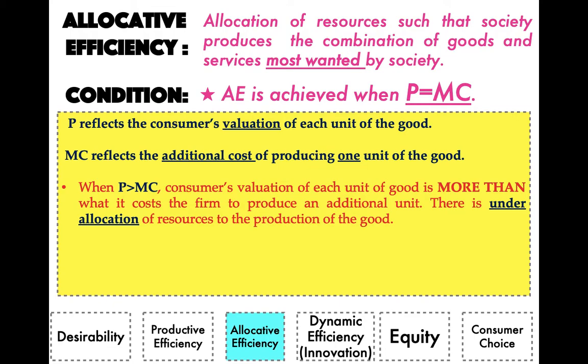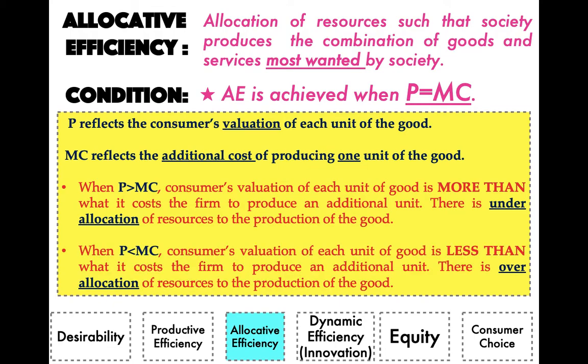Okay, on the other hand, if you have P smaller than MC, it means that consumers value one unit of the good to be less than what it costs the firm to produce, right? Because they're not willing to pay even the marginal cost of production. They're willing to pay less than that. So what does it signal?